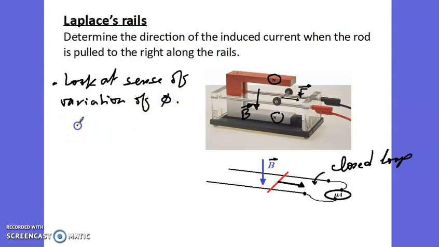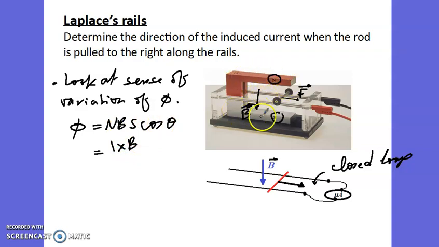We know that phi is equal to NBS cosine theta, right? So N, which is the number of loops, is 1. And B is constant. Why constant?